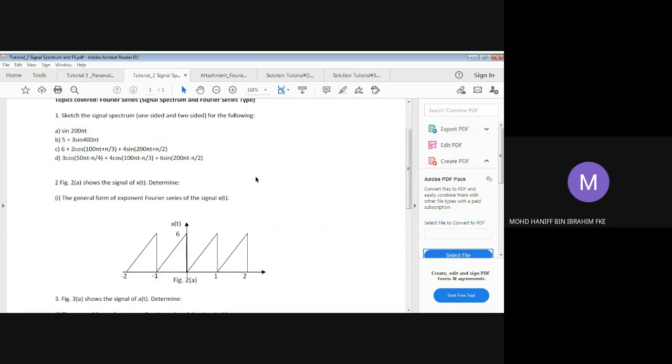Afterwards, we want you to transform from trigonometric cosine to a complex exponential Fourier series, and then sketch a two-sided spectrum based on the results you have obtained. That is the purpose of question 1, which is to test you on this understanding.